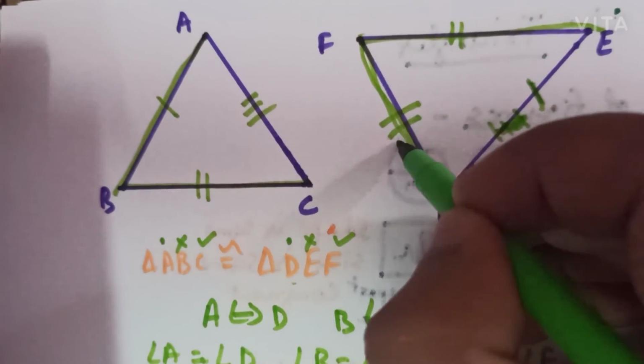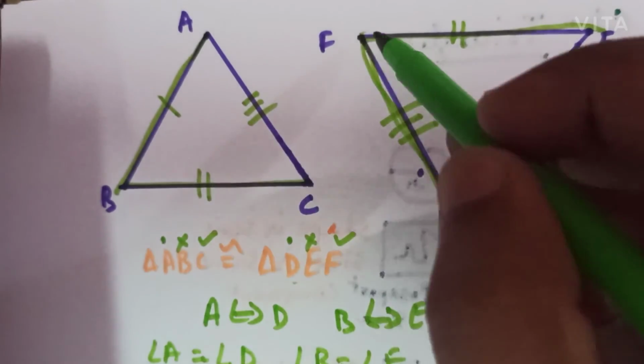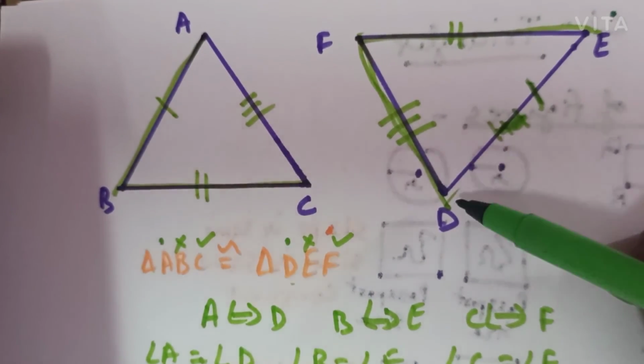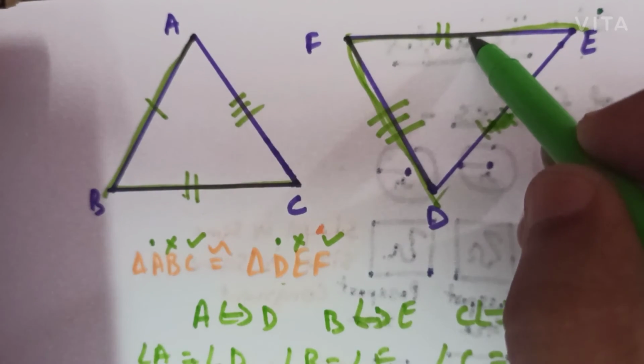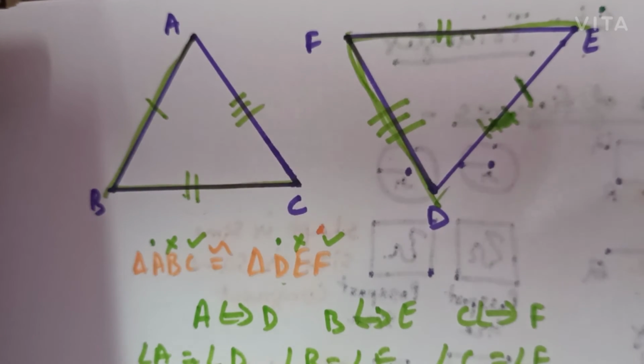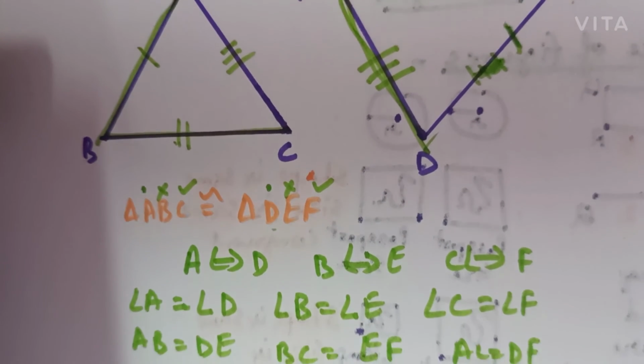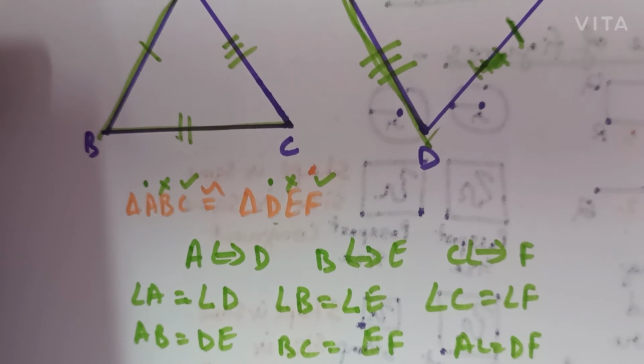So this will be three lines. AC equals DF, and BC is equal to EF. Is it clear? Now let us take a look at one example, then it will be more clear.